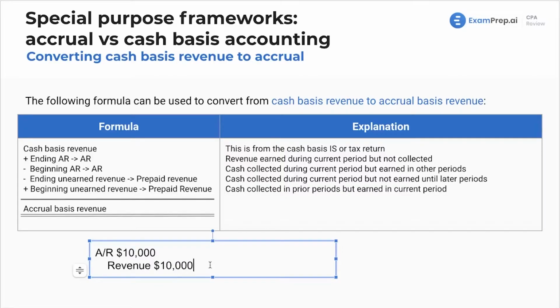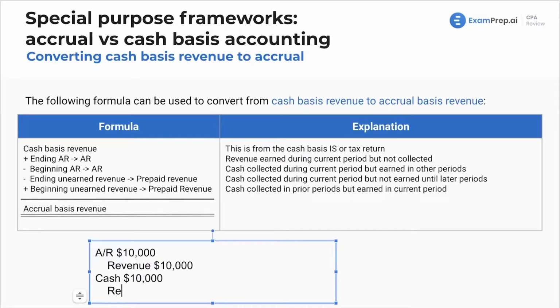Well, this is income that needs to be accounted for on accrual basis, but was not accounted for under cash basis. Because how would revenue have been recorded under cash basis? You would have had to see cash for $10,000 and then revenue for $10,000, right? You would have had to see cash actually hit the account.